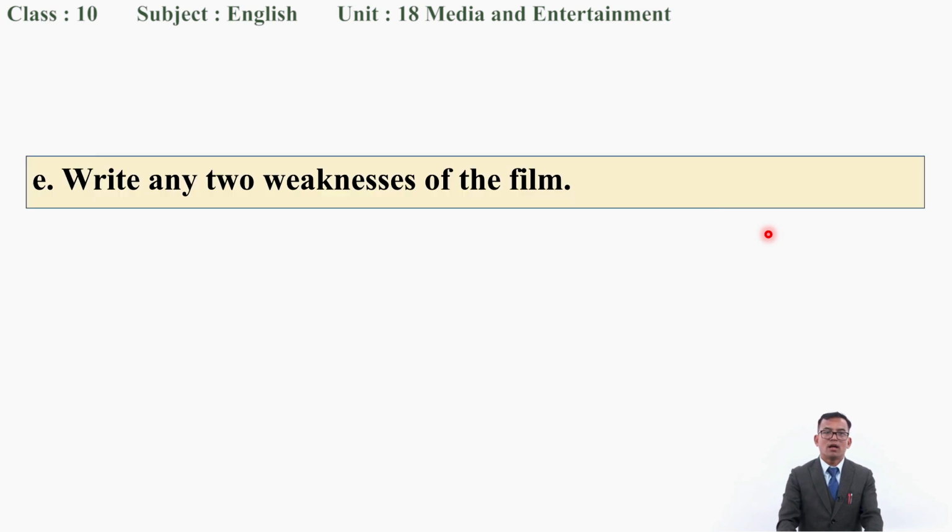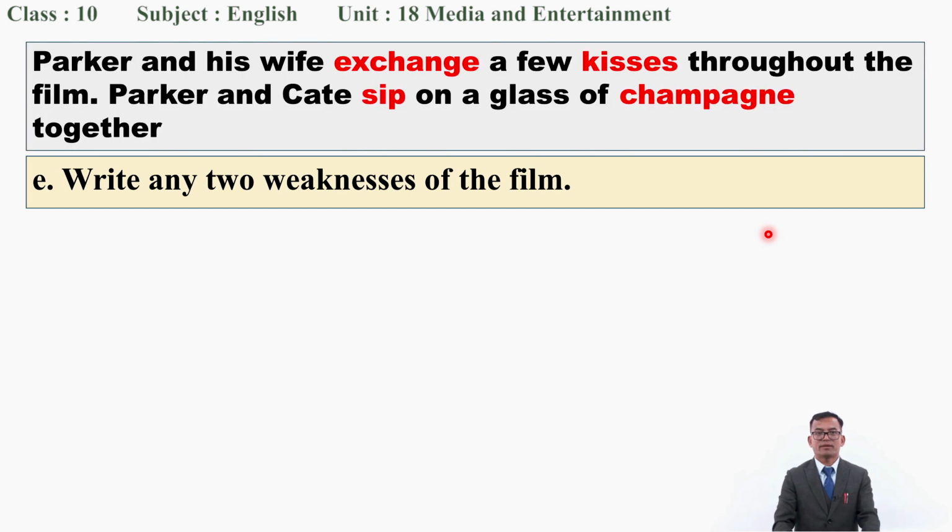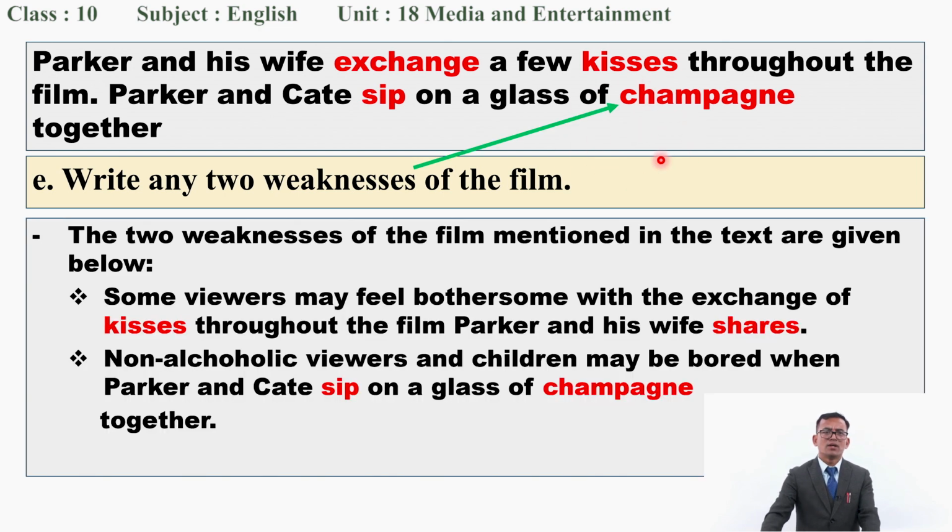Right. Write any two weaknesses of the film. Okay? Objectionable things in the movie. We'll find them over here, right? Like the scenes of exchanging kisses and the scenes of drinking champagne. Maybe those are the weaknesses, right? So, I have presented the model answer here.